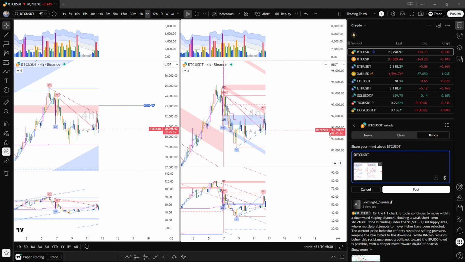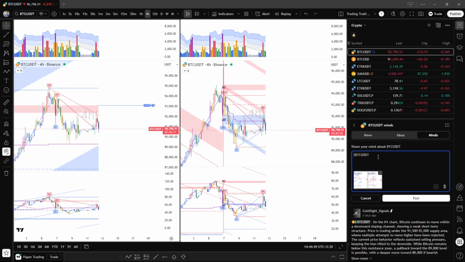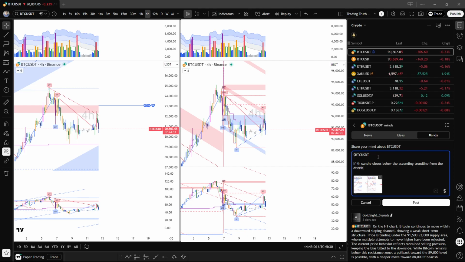The 4-hour candle closing is like 245, so I'll just say 4-hour candle closes below the trend line in the distribution chart.